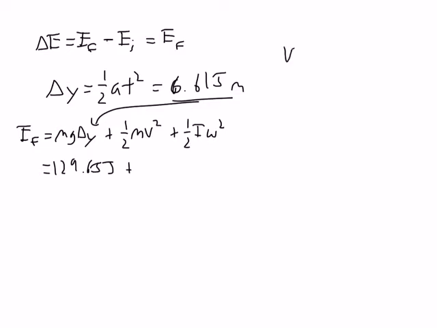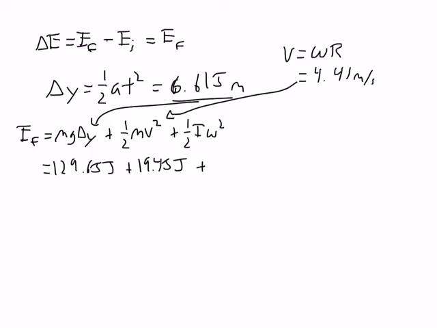We've got v is omega r, and since we found omega in part C, this is just 4.41 meters per second, so that can just go right in there. We know the mass. So if you plug that in, you get 19.45 joules.